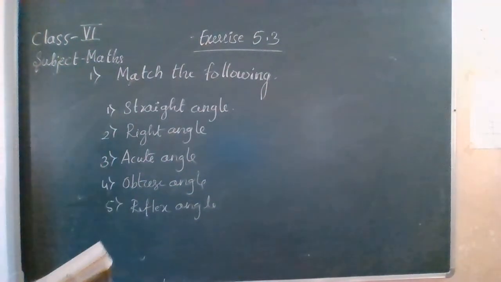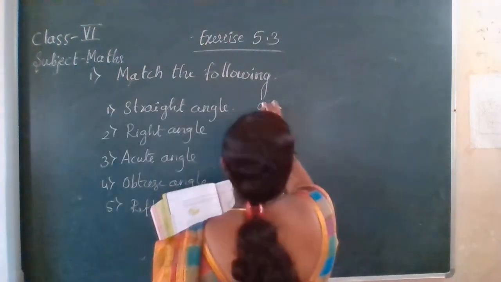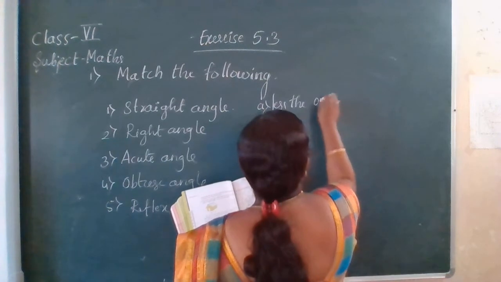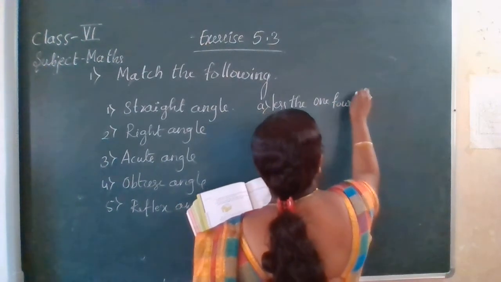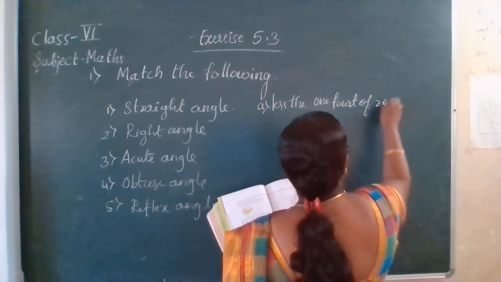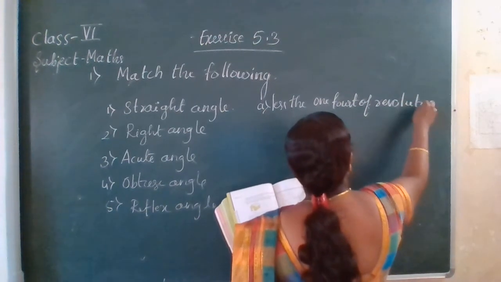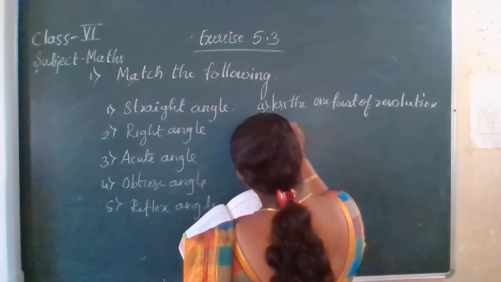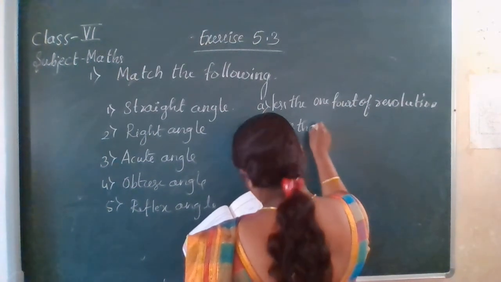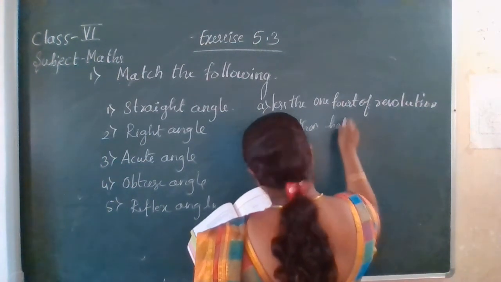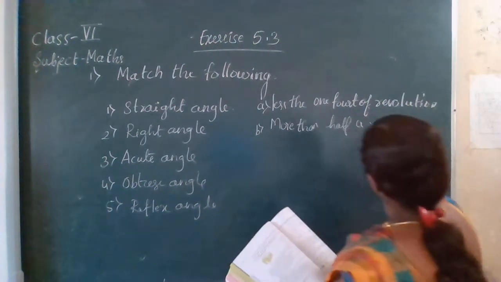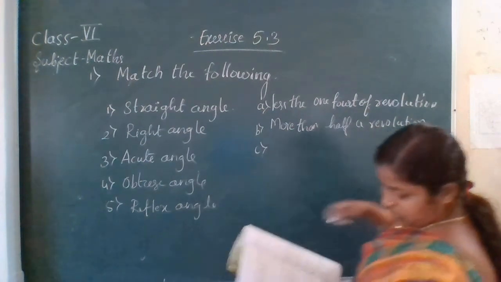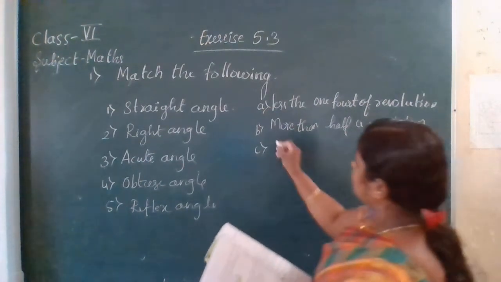A: less than 1/4 of a revolution. B: more than half a revolution. C: half of a revolution.